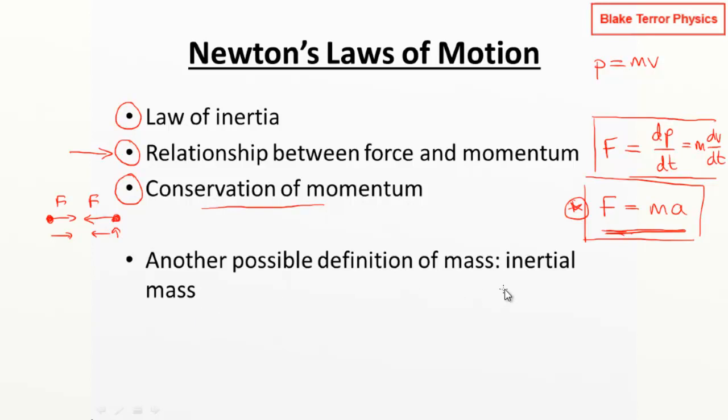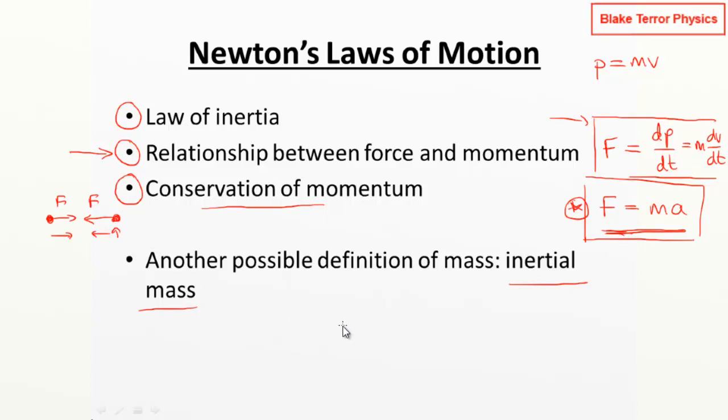But we've now got another possible definition of mass, this idea of inertial mass, because it's built into Newton's laws, where the force applied to an object is equal to the rate of change of momentum.